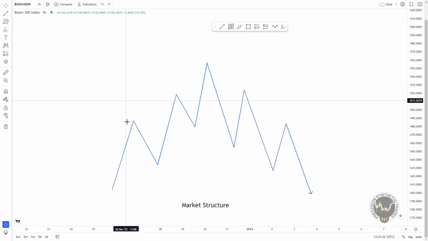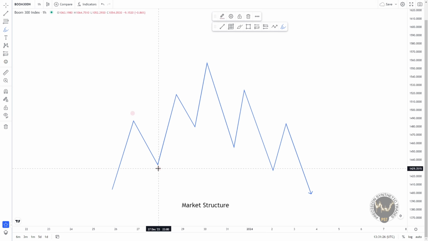As you can see, the chart has a high, a low, high, low, high, low, lower high, lower low, lower high, lower low. Those are the main things you need to understand on how market structure works.